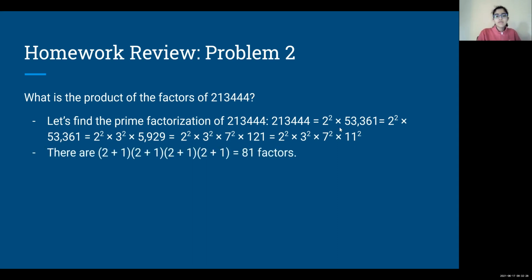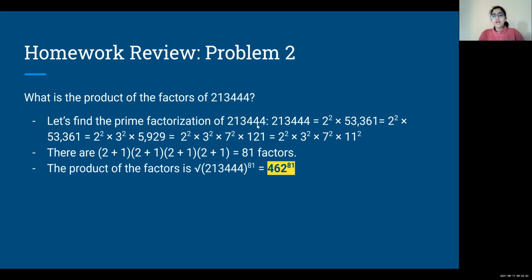When adding 1 to the exponents and multiplying them together, we find that there are 81 factors. And then we find that the product of the factors is the square root of 213,444 to the power of 81. And we can see that 213,444 is the square of 462, so we can simplify this to 462 to the power of 81.